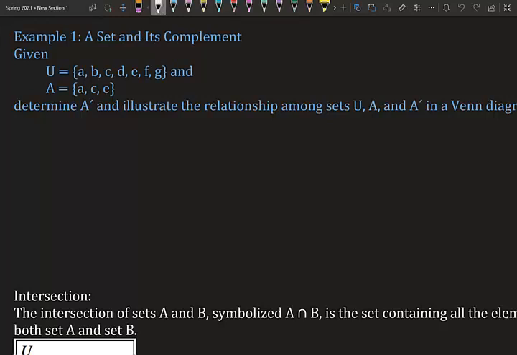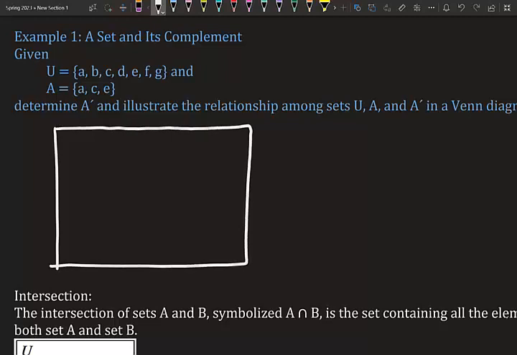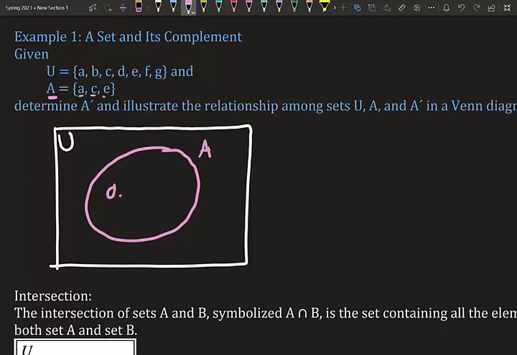So the first thing we do is actually draw a box. That's probably the biggest difference between English and math class is we start off with the box and it's our universal set. All right, we only have one set, and that's set A. So only one circle, and we label it set A. Now in set A, we have A, C, and E. Now, since we put those on the page, those are used.